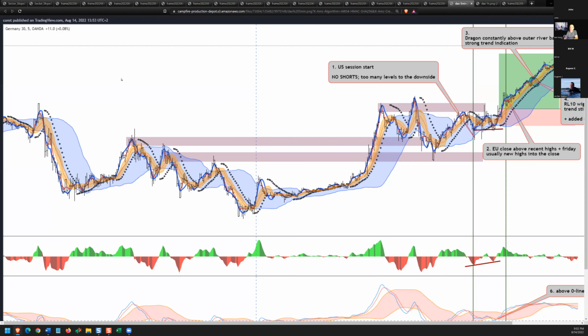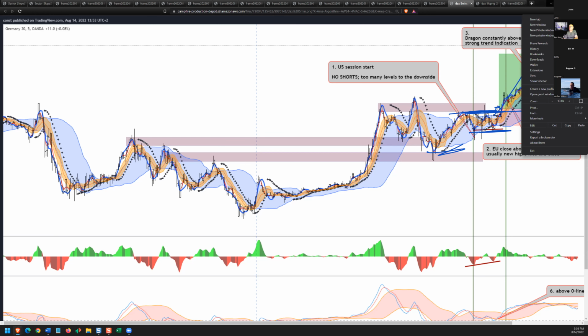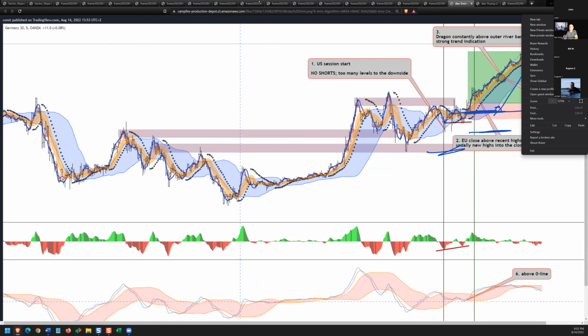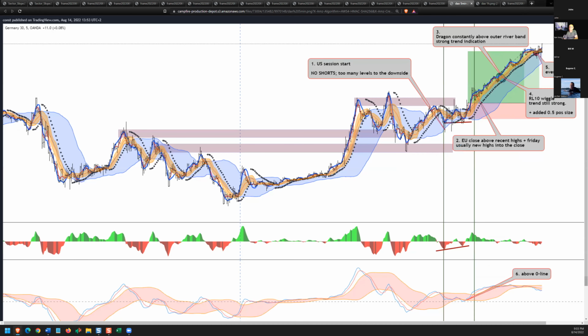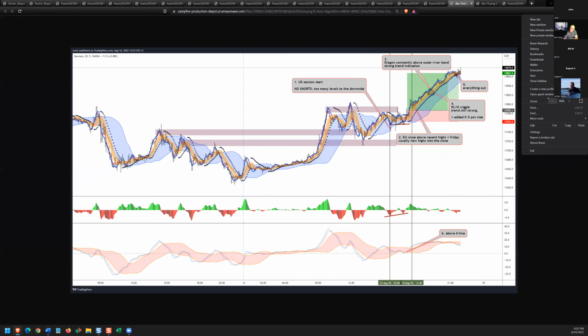This is Constantine. And he's working the DAX on 5 minutes, sees the support levels, buys the breakout above the emerging dragon, adds a position, and then makes about 1, 2, 3, 4.